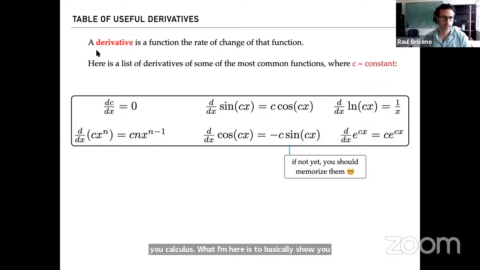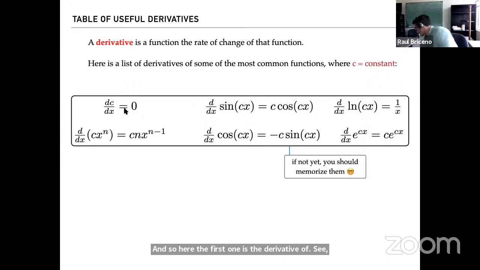So here I'm giving you a table of some useful known derivatives of some functions, which are very common that we use in physics and in other fields all the time, and some of these we're going to cross-check, okay? So C here is a constant, doesn't matter what it is, okay? And so here, the first one is the derivative of C with respect to x is equal to 0.